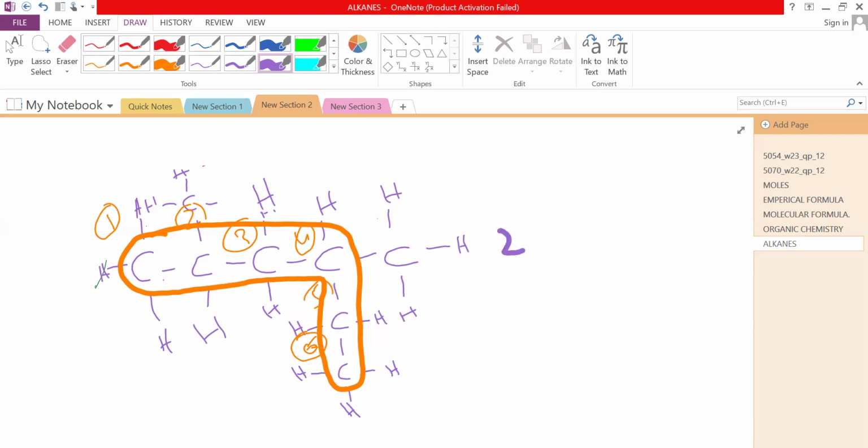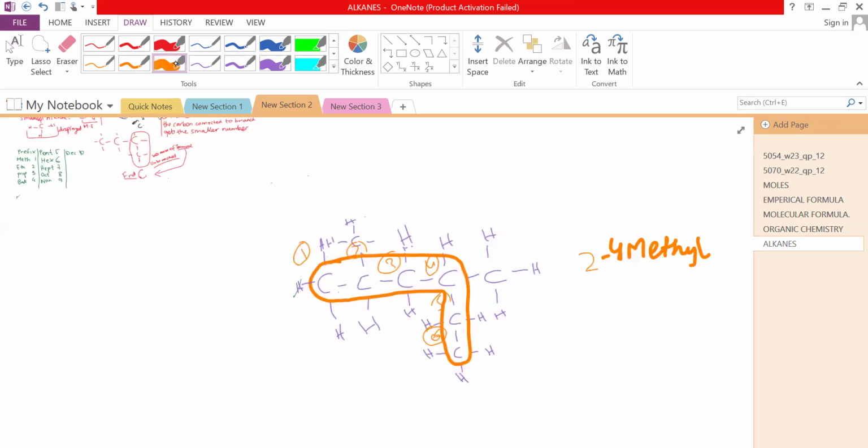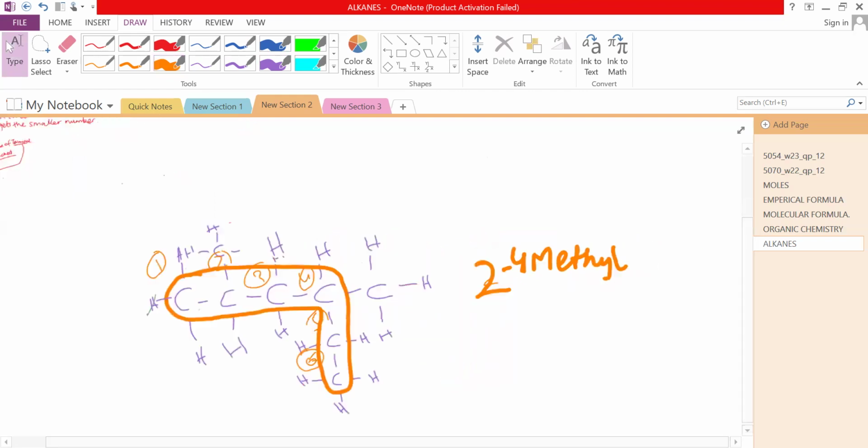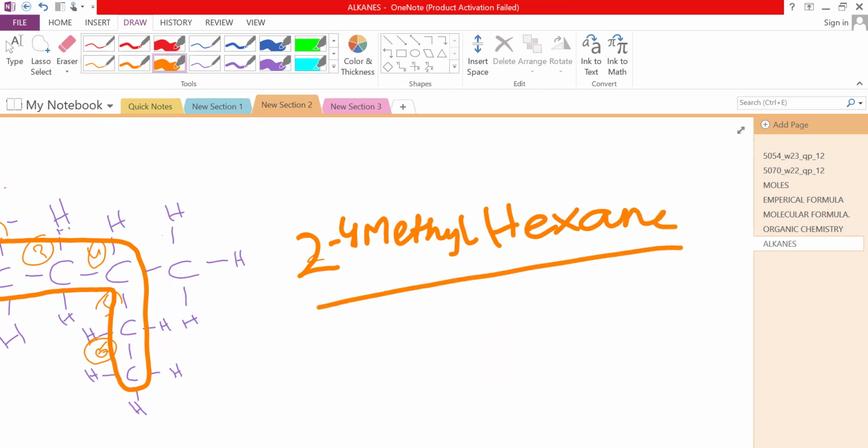So 2 and 4 methyl, and we have 6 carbon, it would be hexane. So the full name of this structure is 2-methyl hexane.